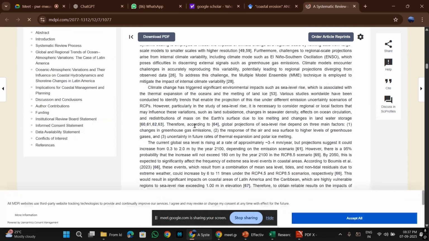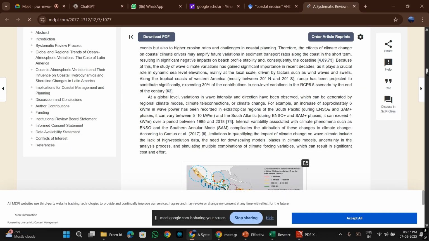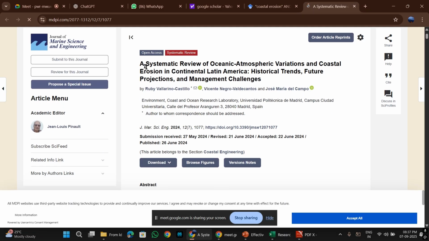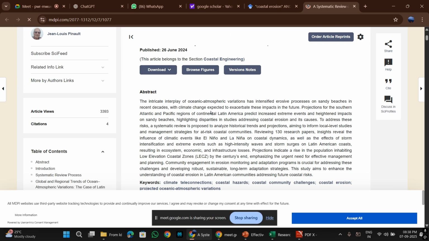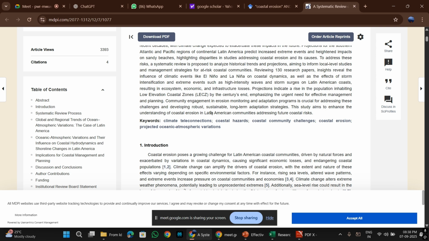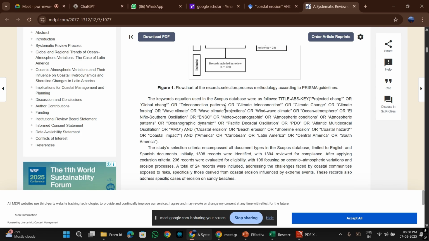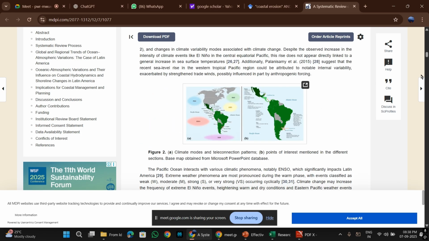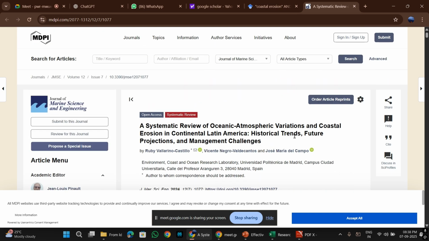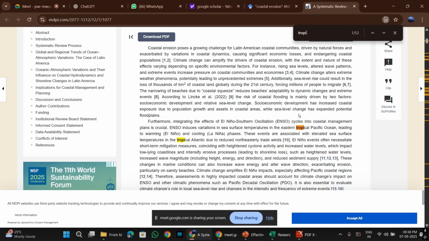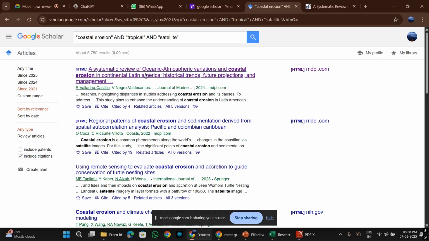In fact, I can read the entire manuscript here. This is an open access article, so I can even download it and store it in my reference manager, whether Mendeley, EndNote or Zotero. The word tropical must be there somewhere. Let me search for it and show you. Tropical, yes, you see that tropical is also there. So all those words that I had given, all are there.